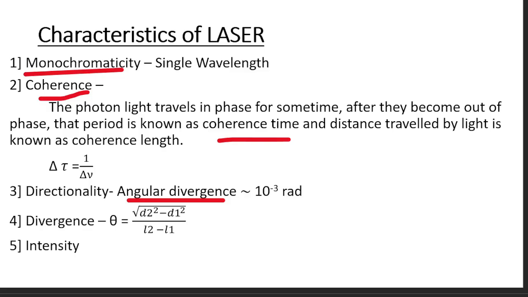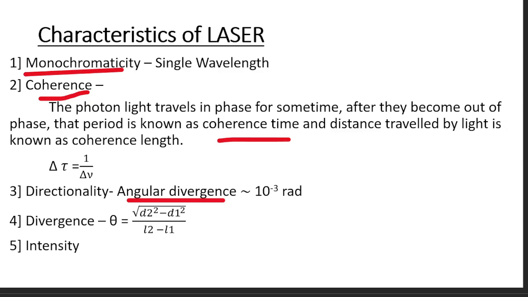Next characteristic is divergence. Light from a conventional source is spread over a spherical wavefront and is highly divergent, but light from the laser propagates as plane waves, a bundle of parallel waves, so it has small, negligible divergence.